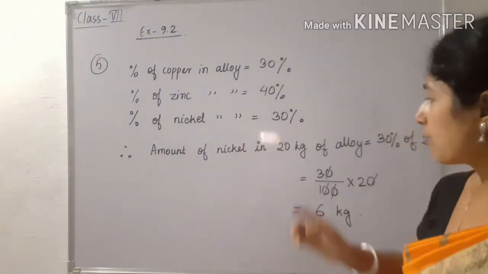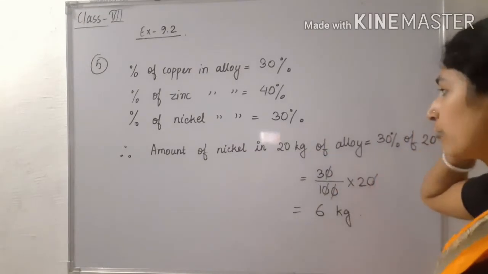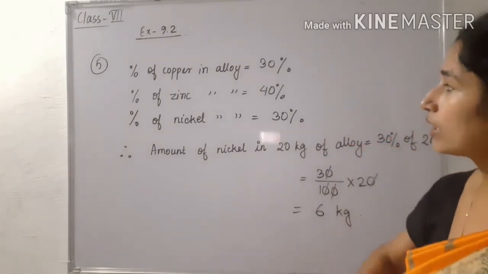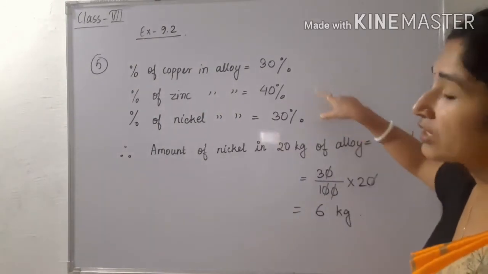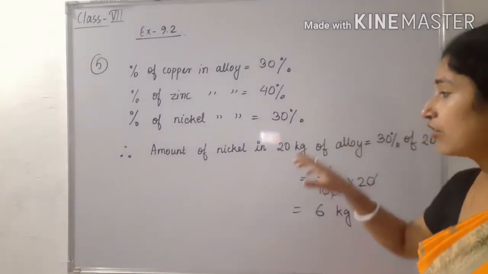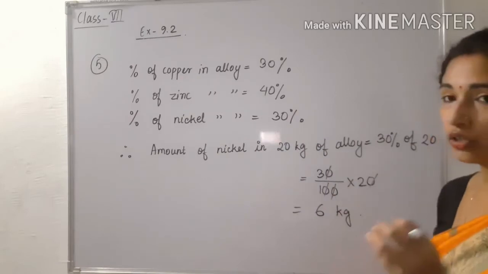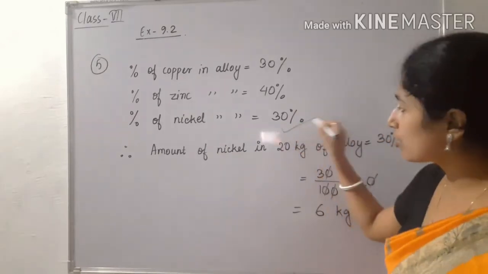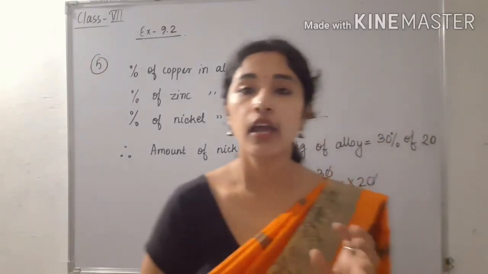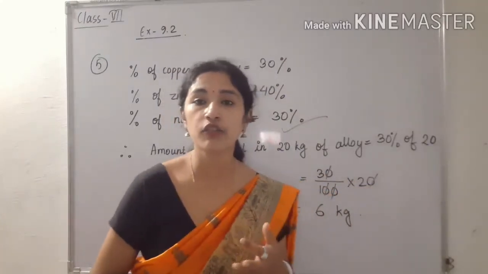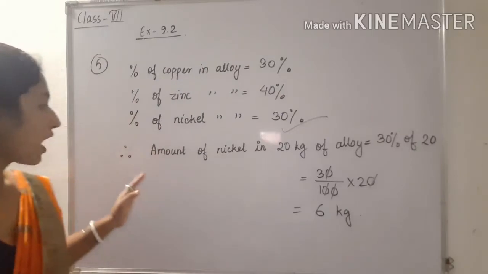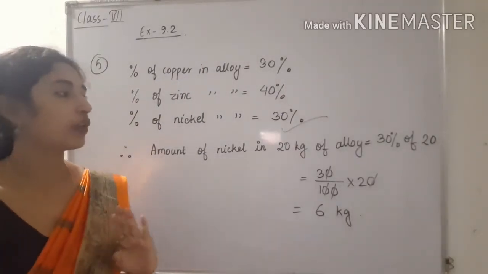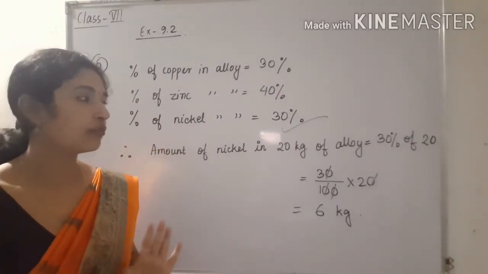So next is the amount of nickel in 20 kg of alloy. If an alloy consists of this much percent of copper, zinc and nickel, then we have to find the amount, not the percentage. The percentage is already given. You have to find the amount of nickel, that means the weight of nickel in 20 kg of alloy. So the amount of nickel in 20 kg of alloy will be 30% of 20.